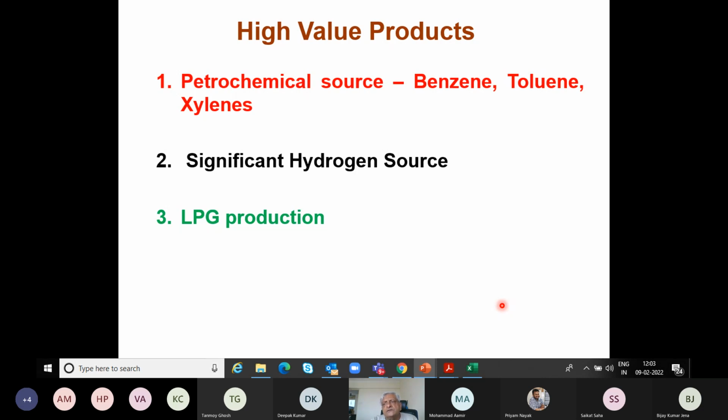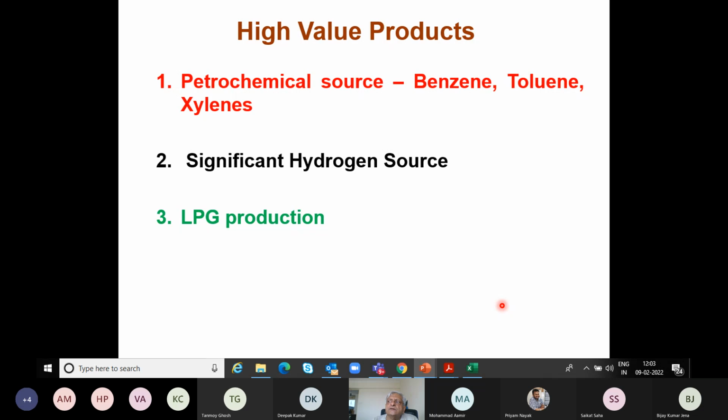So this reformer produces not only gasoline, but alternatively, you can extract aromatics from this gasoline and produce aromatics. Like in Reliance, we don't use the catalytic reformer primarily to produce gasoline. Some byproduct goes into the gasoline pool, which we call light reformate.